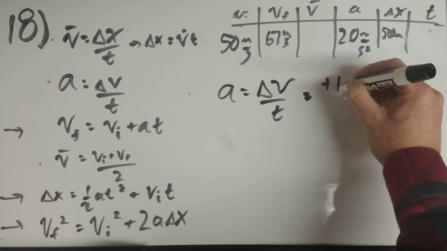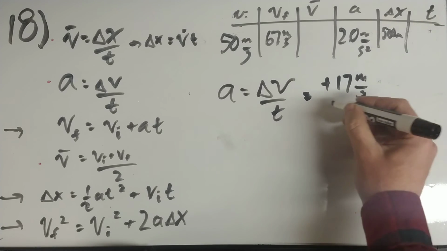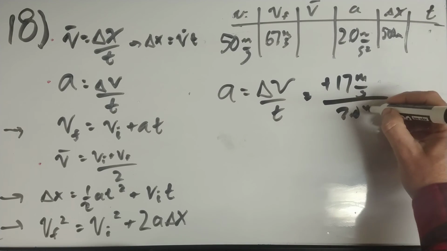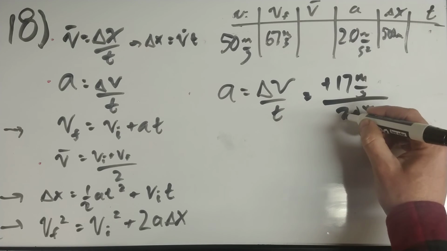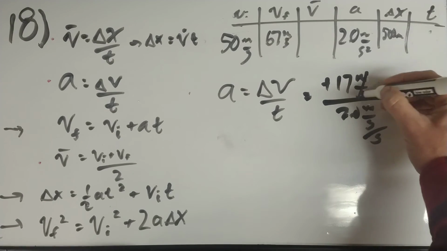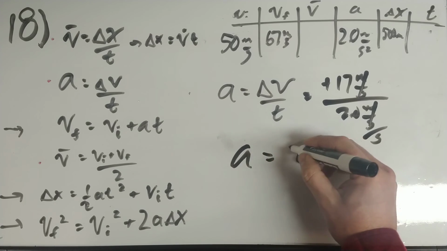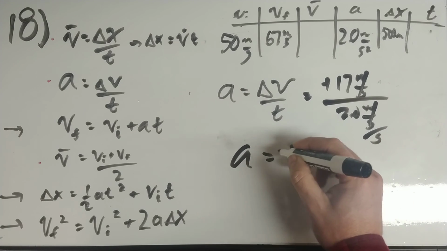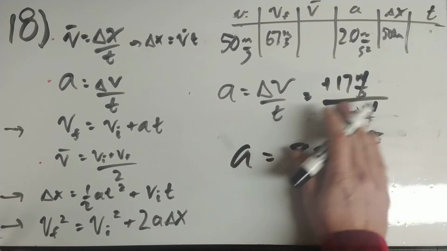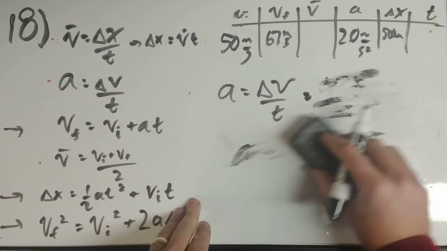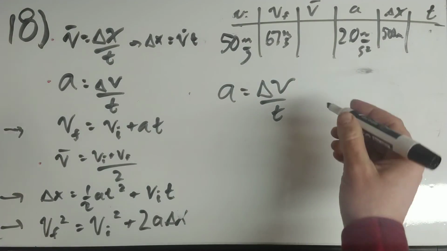So we're gaining 17 meters per second at a rate of 2.0 meters per second each second. Oh, I'm sorry, I'm speaking too fast here. I have to solve this for time.